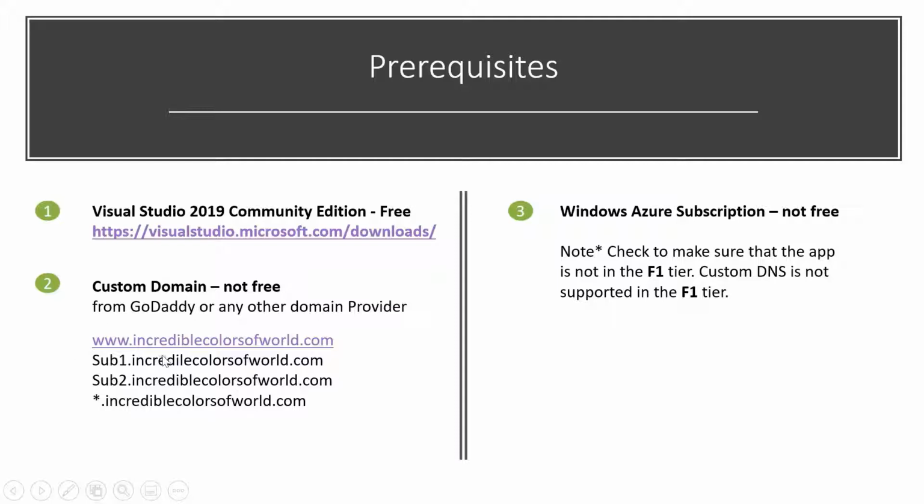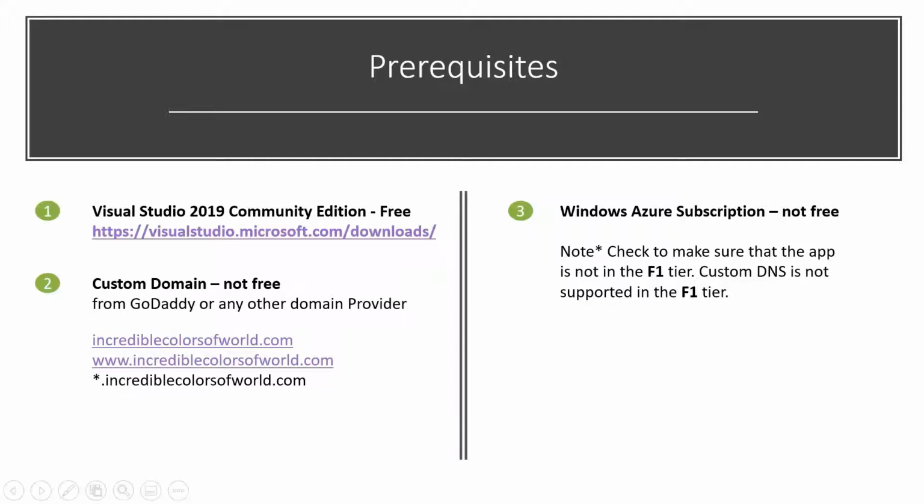I have already purchased incrediblecolorsofworld.com from GoDaddy. The third one is a Windows Azure subscription, which is also not free. I'm using Azure Pass, but you can use the pay as you go model. I'm not going to take much time explaining theory. I believe that you are going to learn this topic more by practical labs.